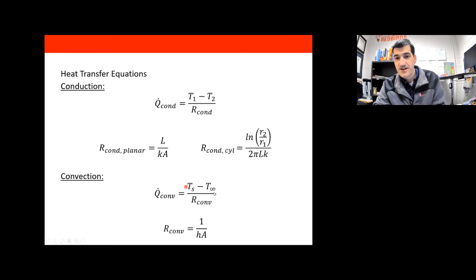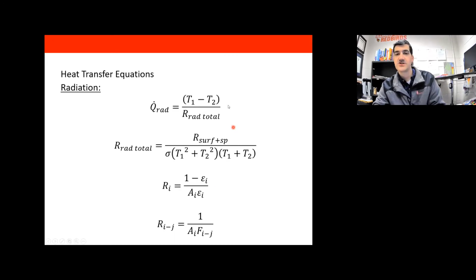So this is really the same form right here. So because we put our radiation equation in the same form with just a delta T here, temperature of one body minus temperature of another body, we can combine this resistance with the resistances for conduction or convection in series or in parallel. So we talked about these equations last time.